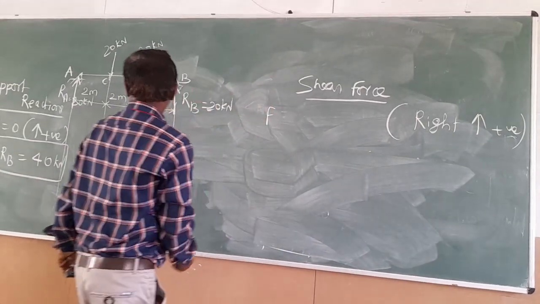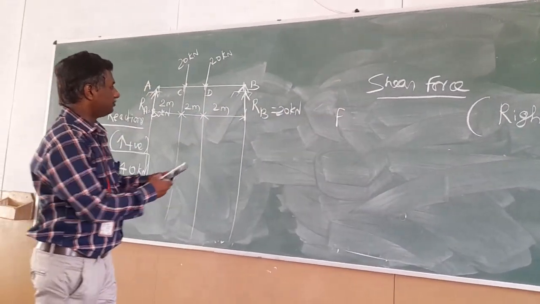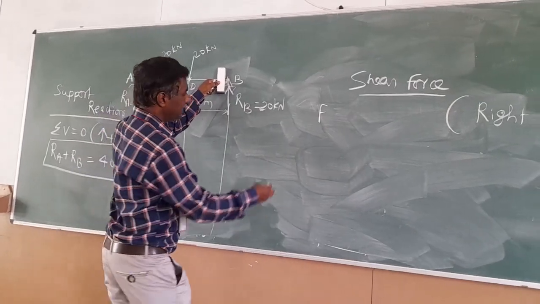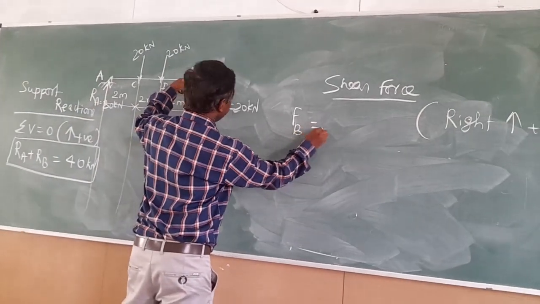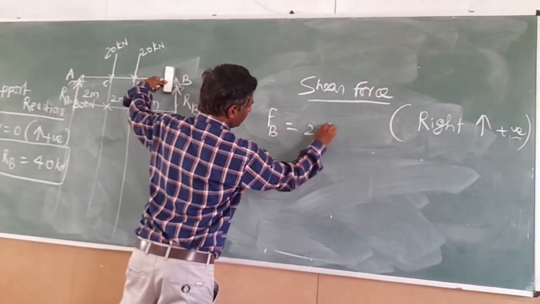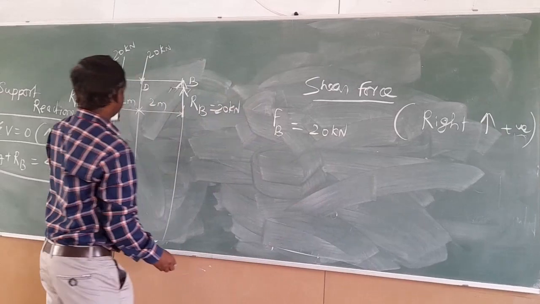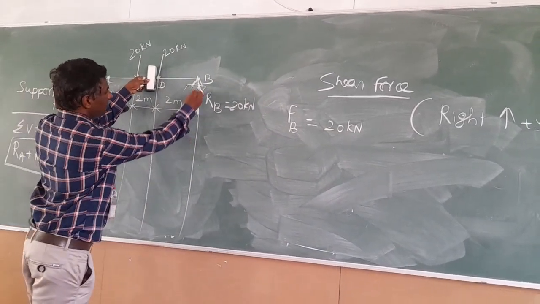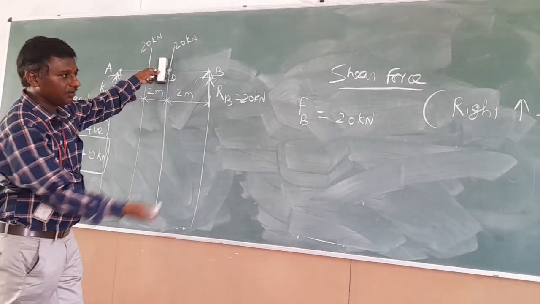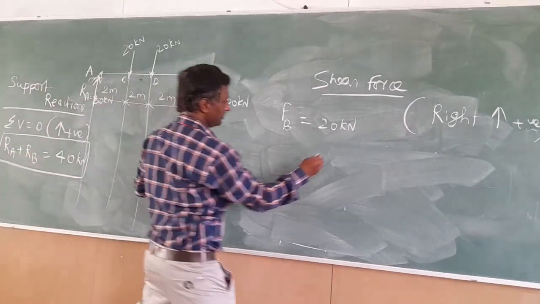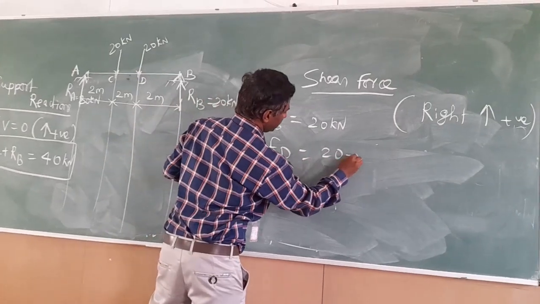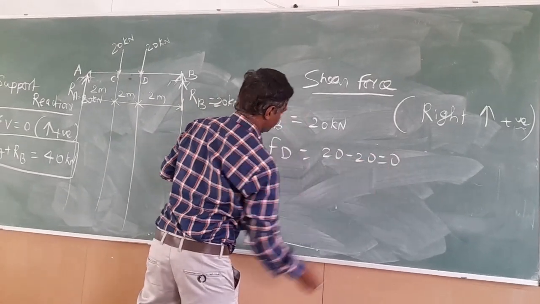Further, I have to have the reference point. So FB, I'm taking the right side, cancel the right side, right upward is positive, so 20 kilonewton. Next, shear force at D point. This is positive, this is downward action, right down, negative. So FD equal to 20 minus 20, that is equal to 0.